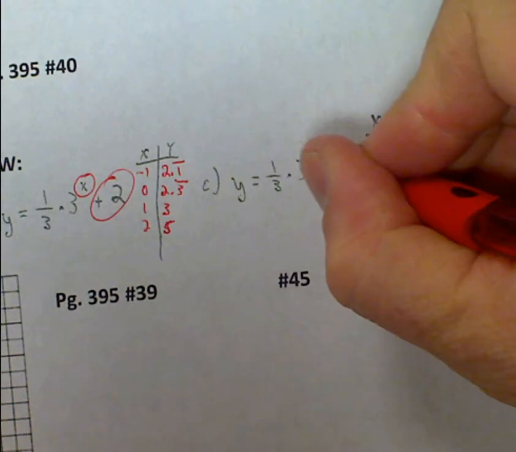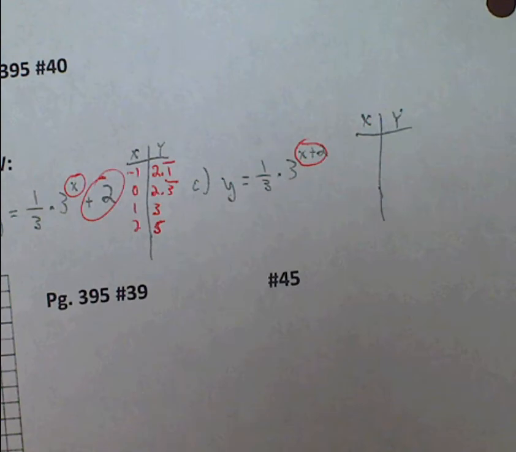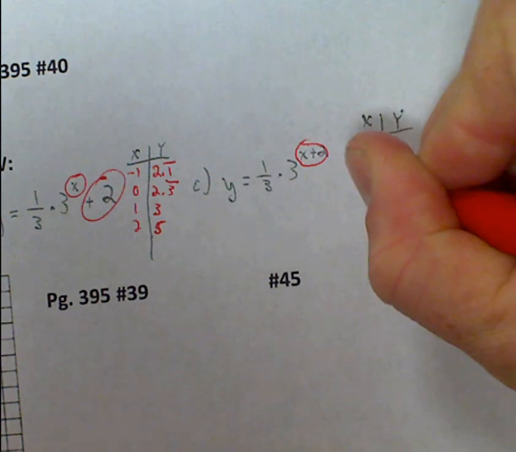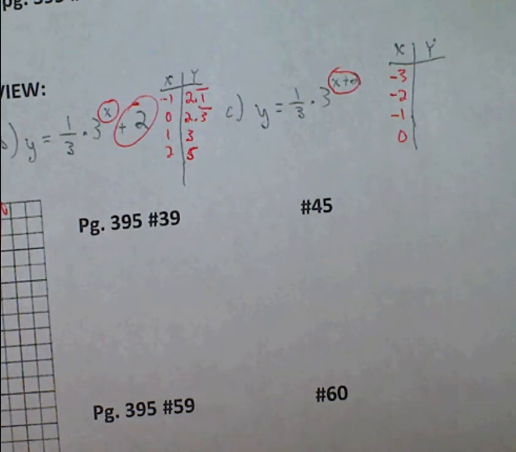Next one. I have +2 in my exponent, so I need -2, which means I need -3, -2, -1, 0 to plug in.